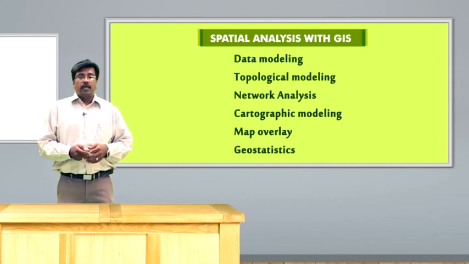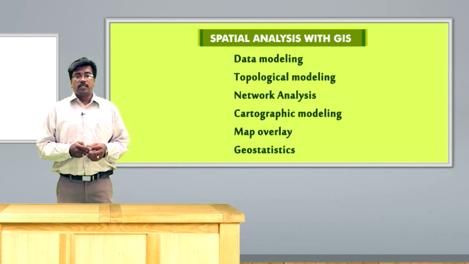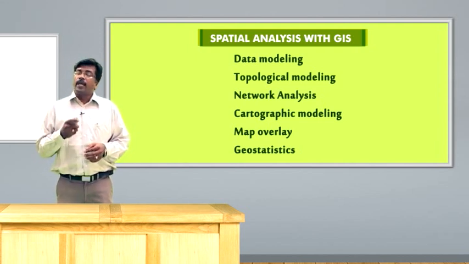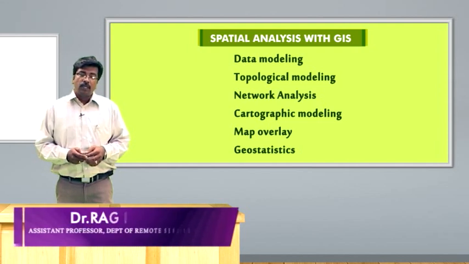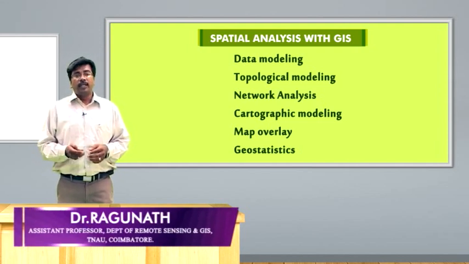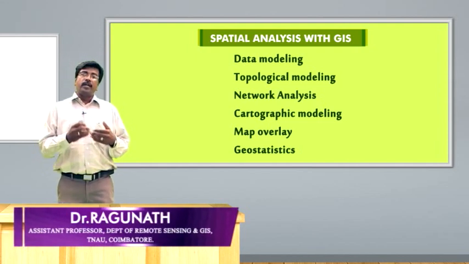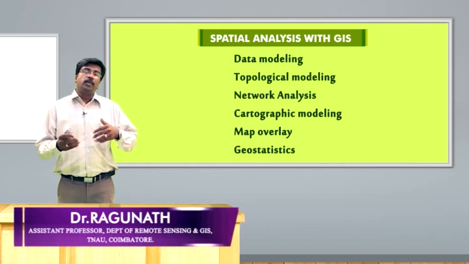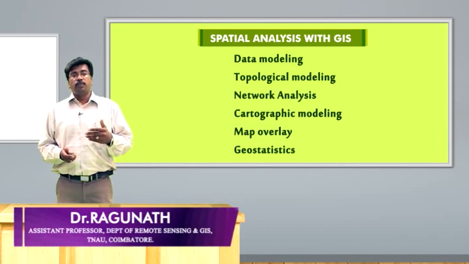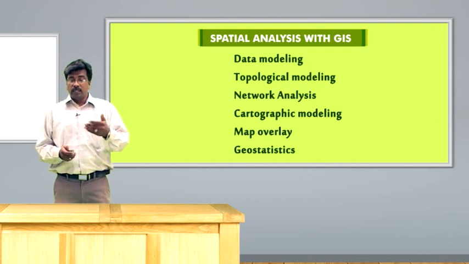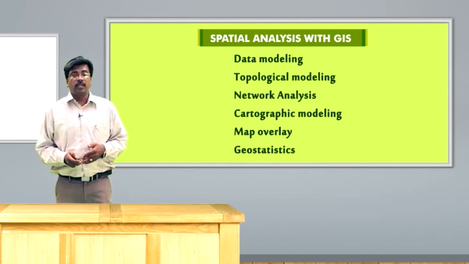The major advantage of spatial analysis in GIS is geostatistics. We have some interpolation tools named IDW, kriging, etc., so we can find out an unknown point from known points. This is also possible with these types of spatial analysis in GIS.